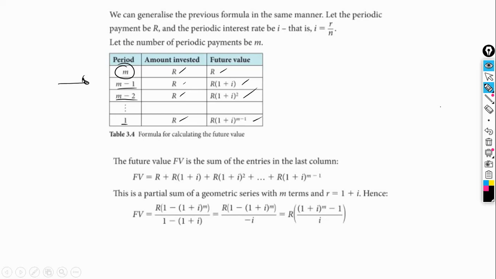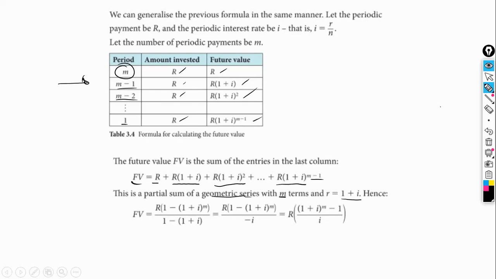So notice that the future value is the sum of the entries in the last column, right? So the future value is going to be R plus R times 1 plus I plus R times 1 plus I squared, all the way to R times 1 plus I to the power of M minus 1. So that means that this is a partial sum of a geometric sequence with M terms and a common ratio of 1 plus I, right, the interest rate.